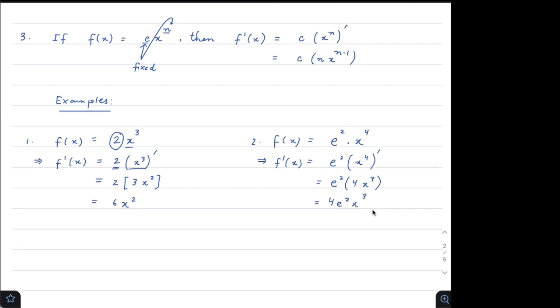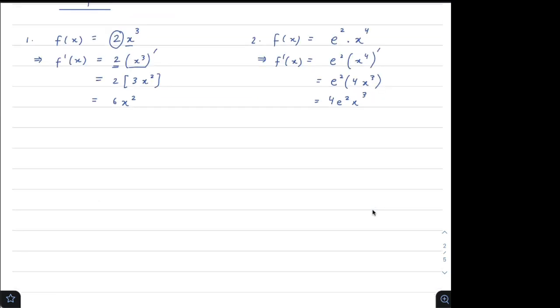Want to try another one? Here you go. Please find the derivative. For the first case, when you move this x in the denominator up, its power changes sign.